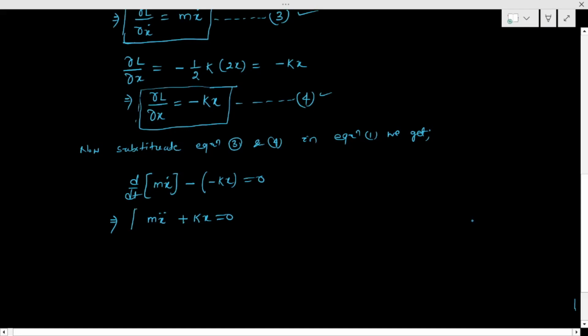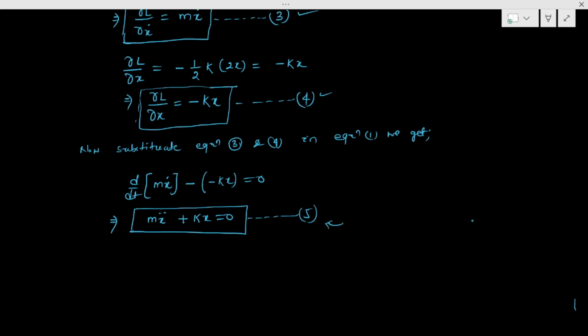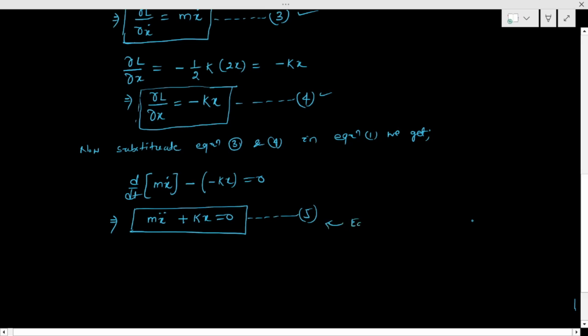Now let us consider this as your equation number 5. Actually this equation number 5 is nothing but your equation of motion of the 1D linear harmonic oscillator.